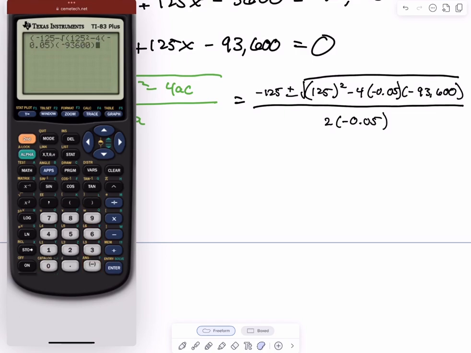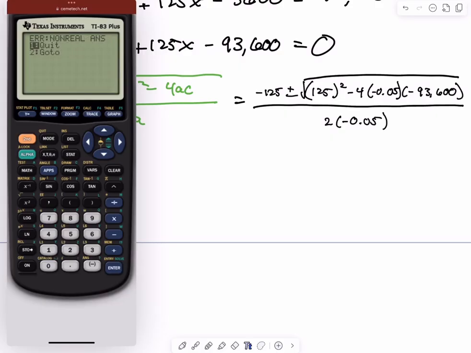This should close off the square root, and this should close off the numerator. That does take practice. The challenge, the way I'm doing it, is keeping track of your parentheses and getting those right. That just takes practice. Okay, double close.